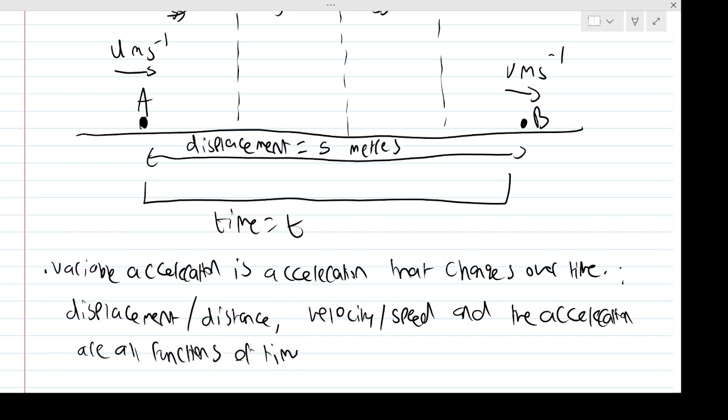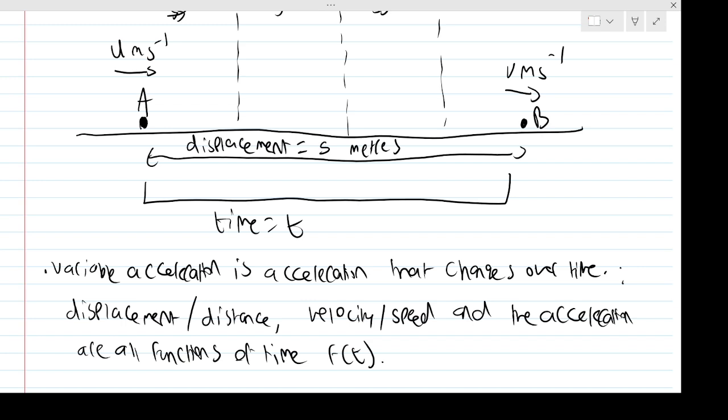Functions of time, f of t, like f of x, but with t instead of x. So actually what we're going to start looking at in a broader sense is when acceleration can vary throughout the journey. So what we want to do is actually just say it's a function.